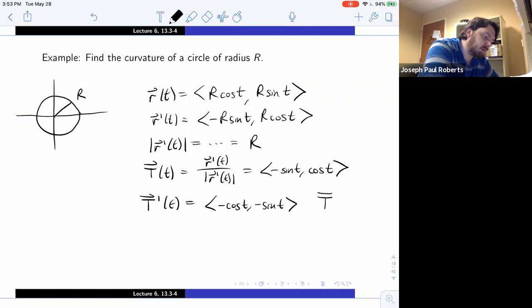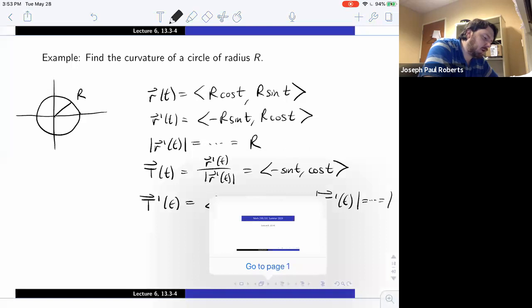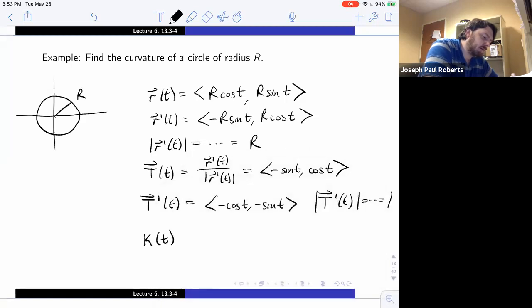Similarly, when you do the length of T prime of t, the Pythagorean theorem is going to tell you that that's 1. And so then curvature as a function of t is, recall, the length of T prime over the length of r prime, so 1 over R.